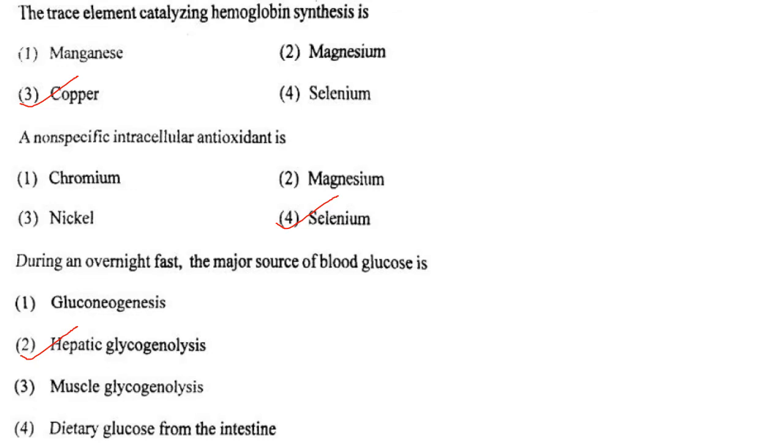Answer is option 4, selenium. During an overnight fast, the major source of blood glucose is: option 1, gluconeogenesis; 2, hepatic glycogenolysis; 3, muscle glycogenolysis; 4, dietary glucose from the intestine. Answer is option 2, hepatic glycogenolysis.